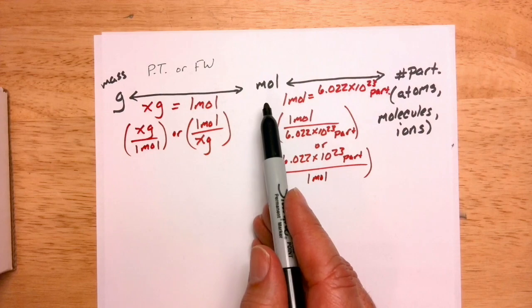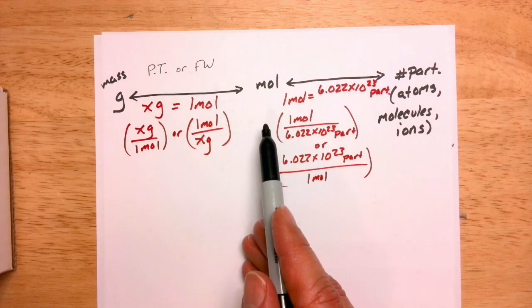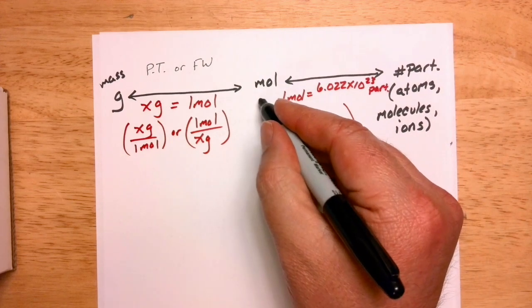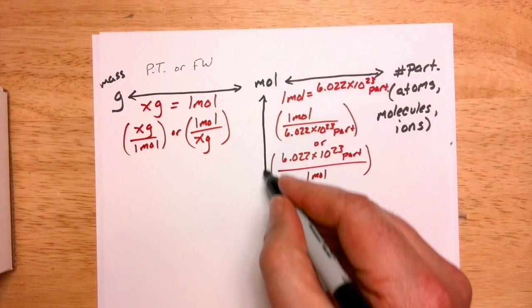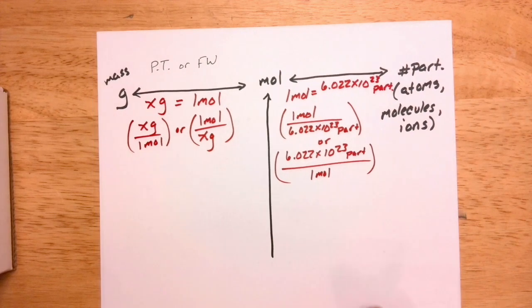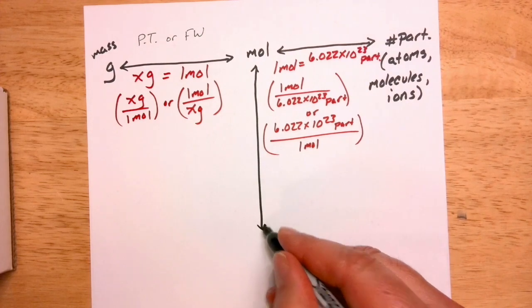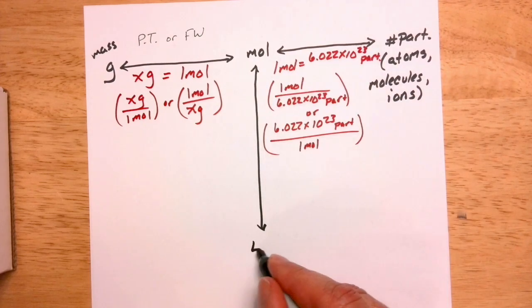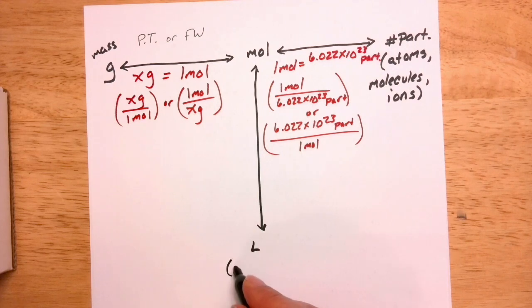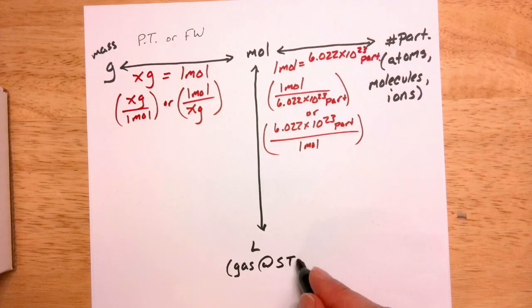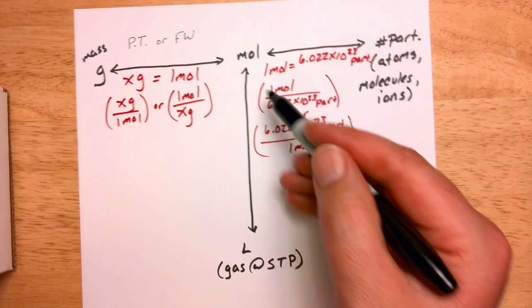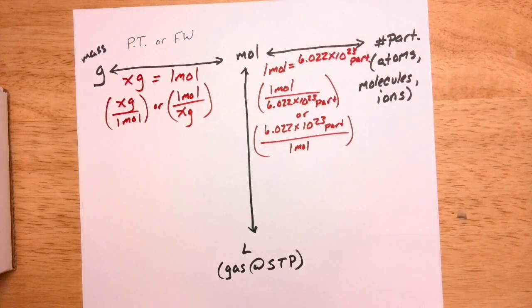So what we're going to be doing now is adding onto this flowchart. From here, I'm going to add another line with liters, and this only applies to a gas at STP, standard temperature and pressure. So we're going to add one more branch to this flowchart. The conversion that we're going to be using is this.